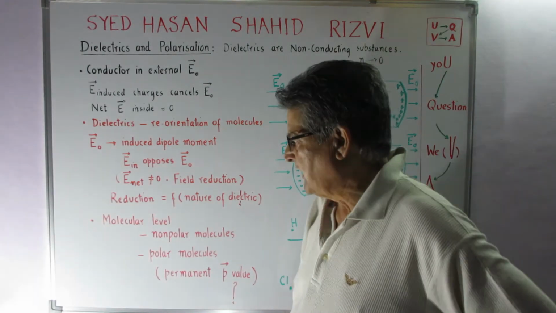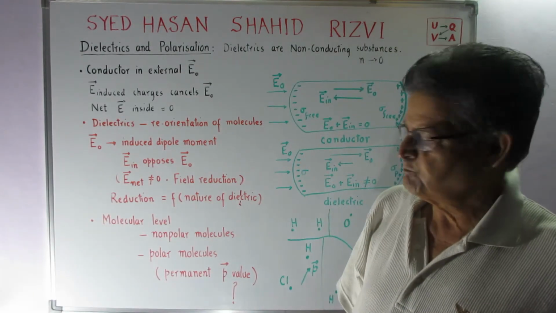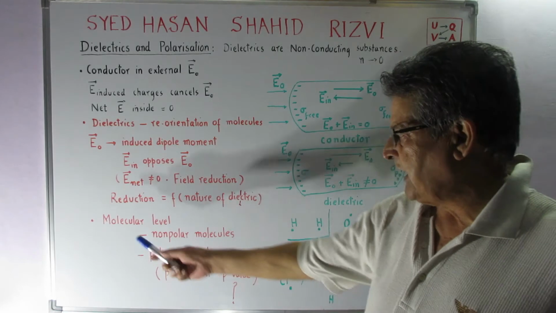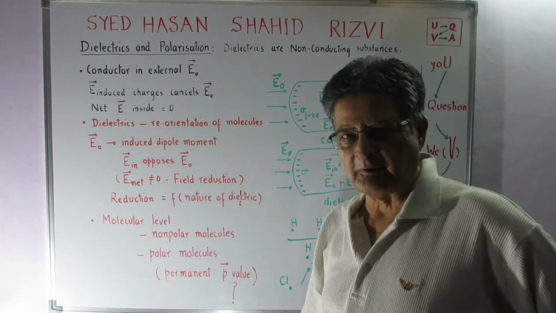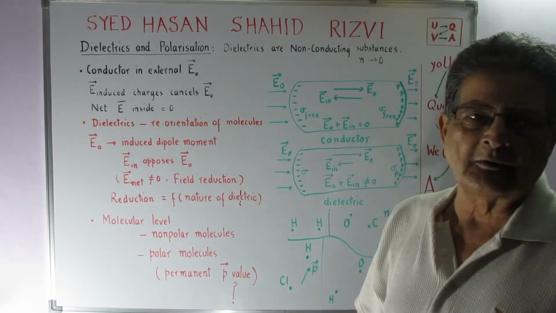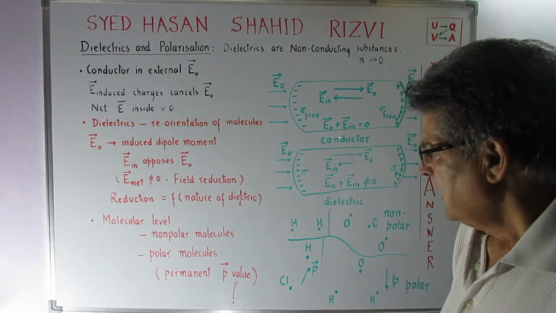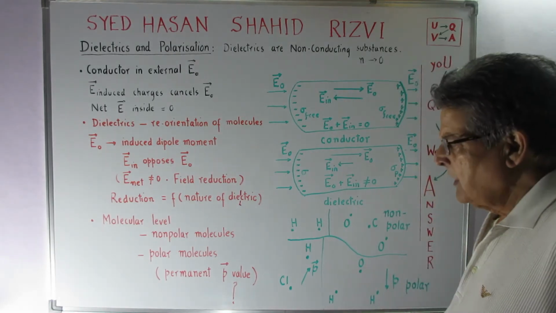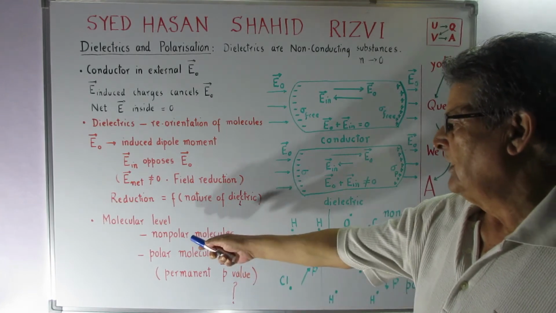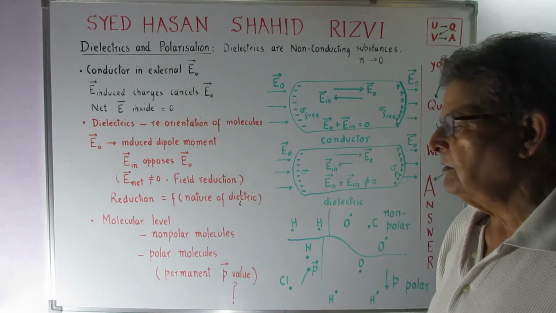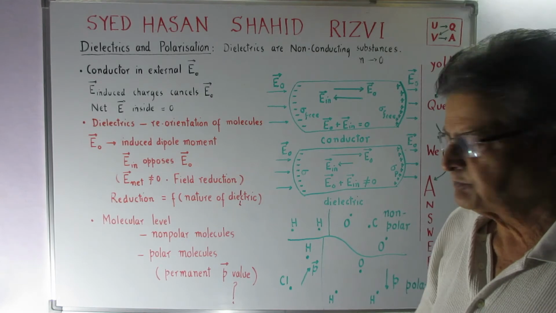So now this is exactly what is going to happen. Let's take the molecular level. The molecular level is you and your mother. Okay. You are, we'll call, like non-polar molecules.